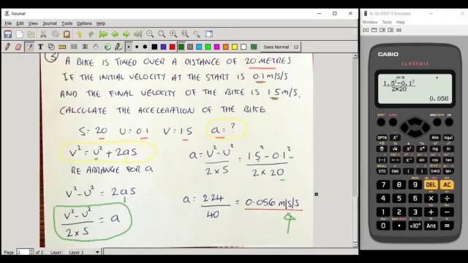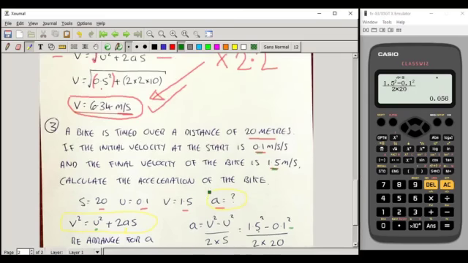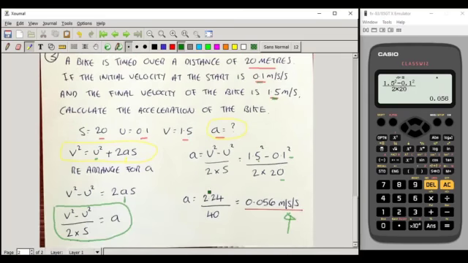Okay. So there's 3 questions using V squared equals U squared plus 2AS. Hope that makes a bit of sense. What we could do is check, while we're there, to see if this A is correct.